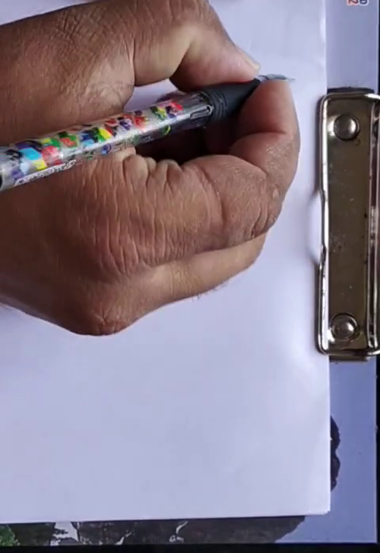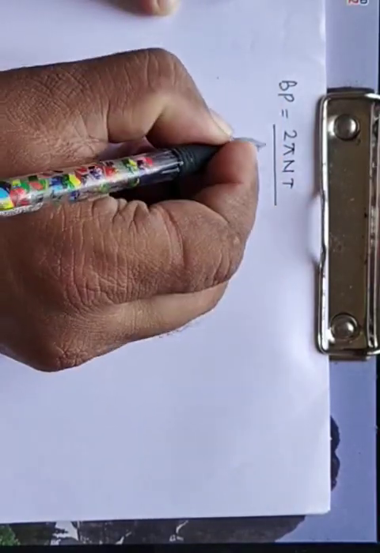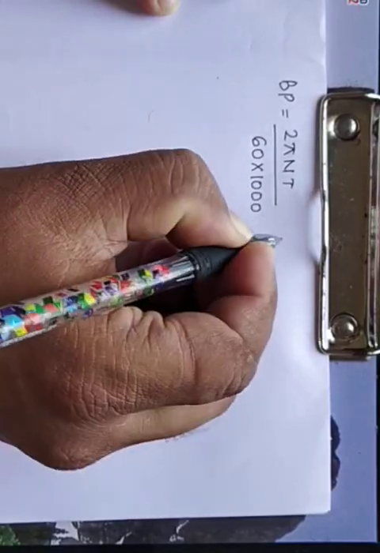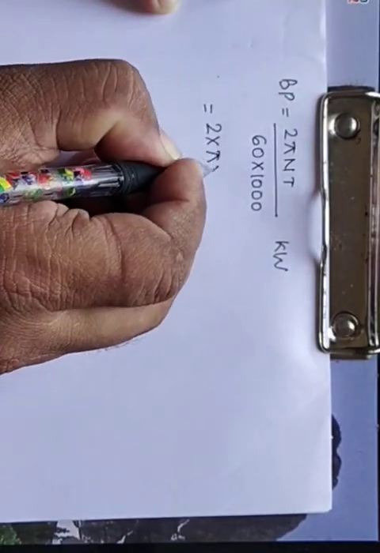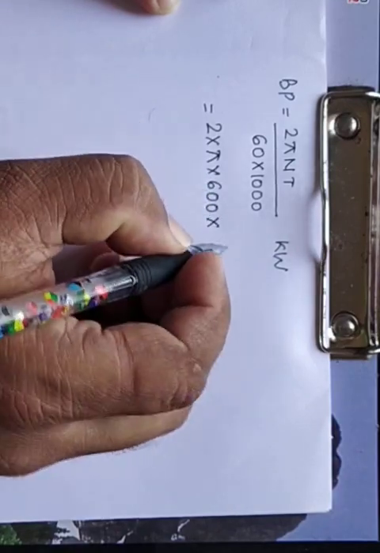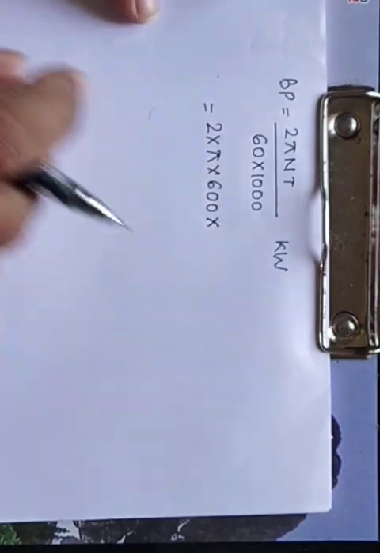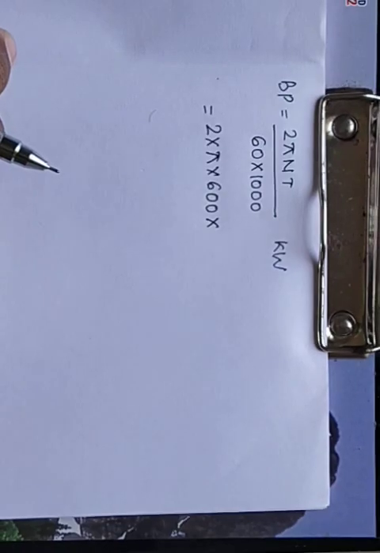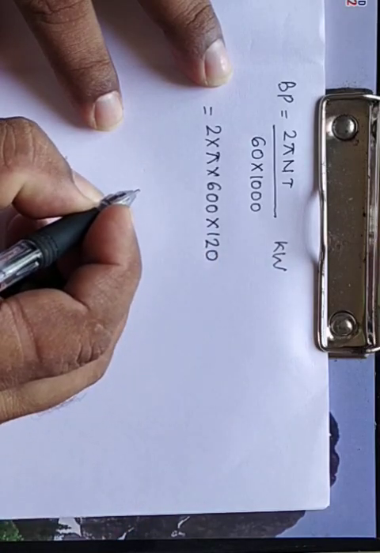We need to draw the heat balance sheet on minute basis. So we will calculate the value of BP first. So we know the equation of BP, that is brake power equal to 2 pi NT divided by 60 into 1000, and we get the value in kilowatt. So 2 into pi, speed is given as 600 rpm, torque is 120 Newton meter.